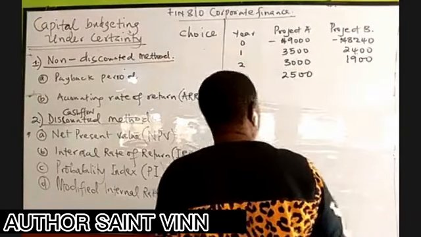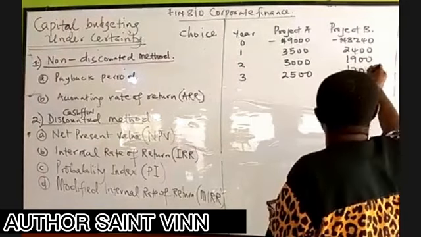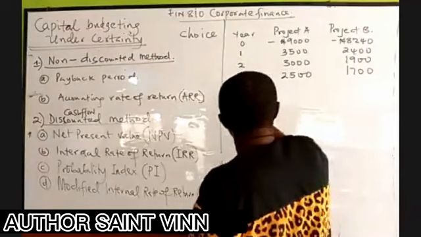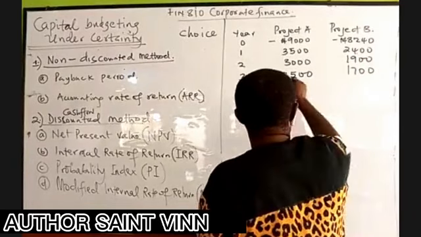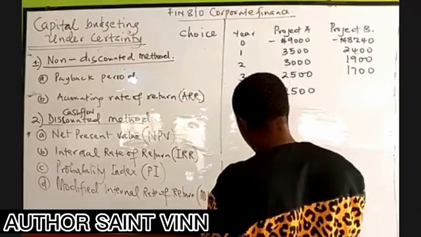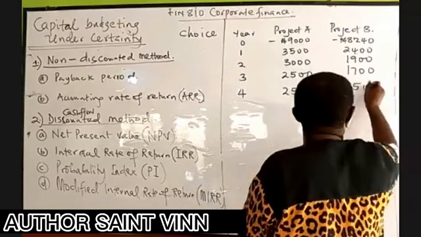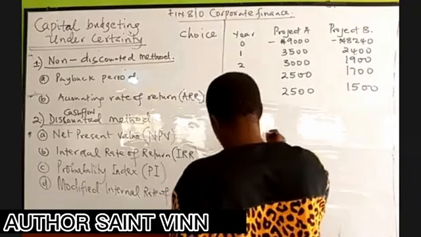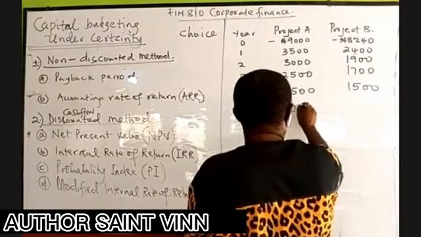If you have been attending, you must have seen this type on the board. Then 1,500. This year 5 is 2,000 naira.